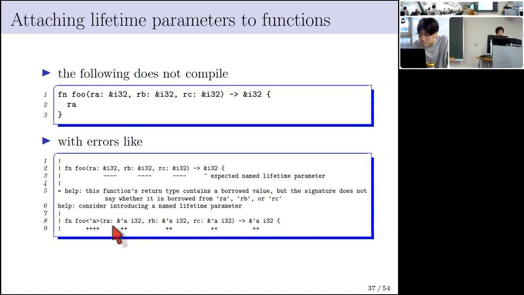And it goes on to say, okay, so I'm suggesting you write something like this. You simply add these tick a in front of each of these variable names, which still doesn't make sense, does it? But you have to understand the concept rather than these superficial fixes suggested by the compiler.